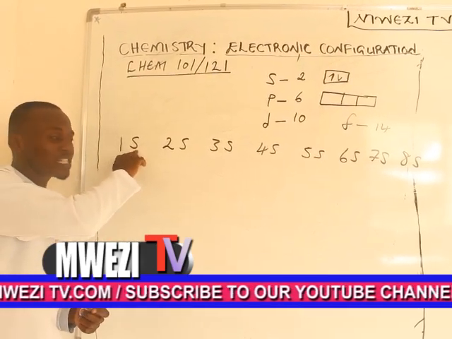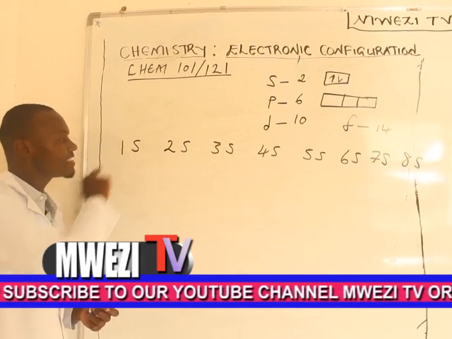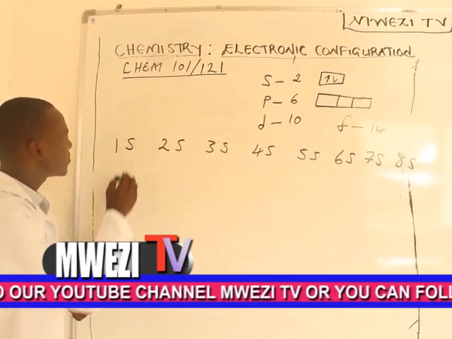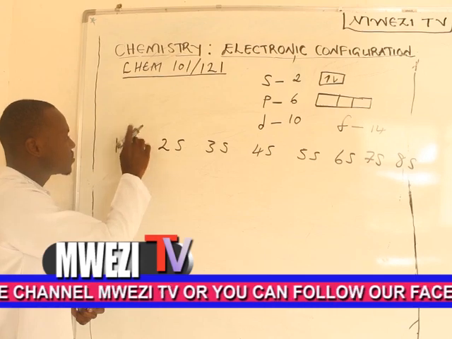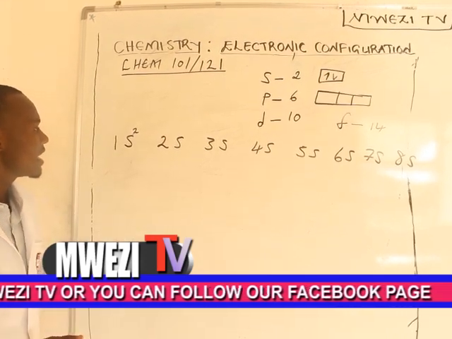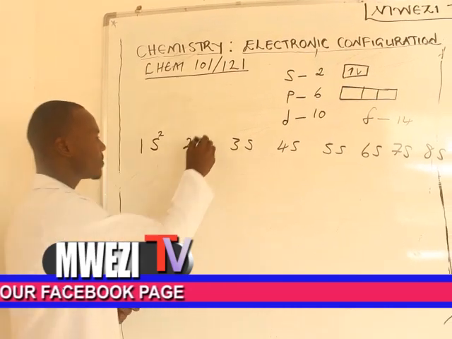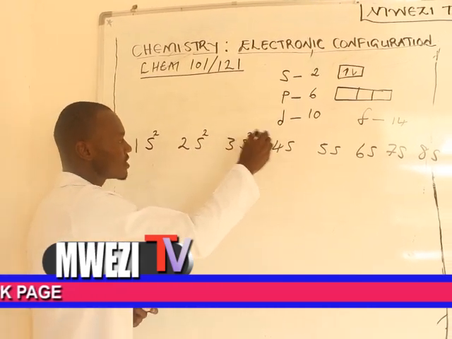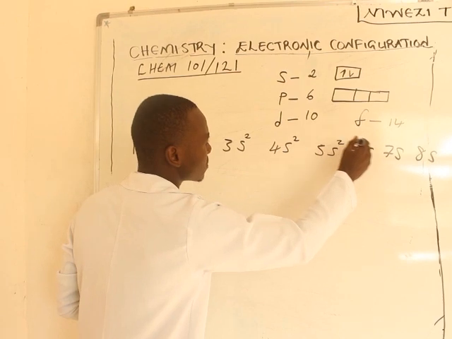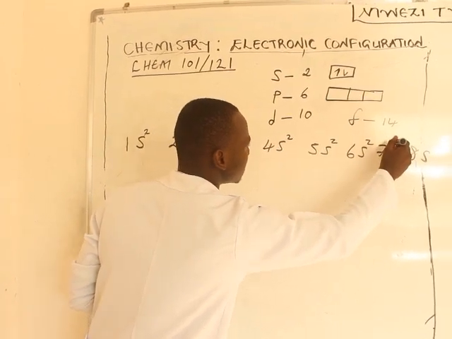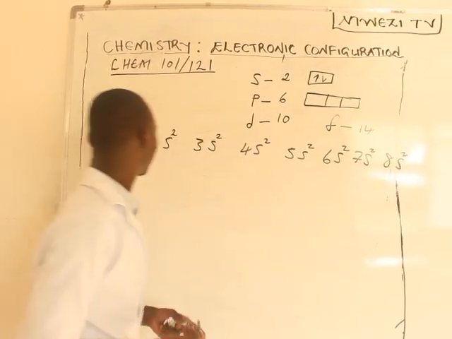Then this one is specifying the type of orbital, which is s. Then on top I'll put an exponent of 2, showing that the electrons that can be accommodated in this orbital are 2. So throughout I'll put the power 2, and this simply denotes the number of electrons.